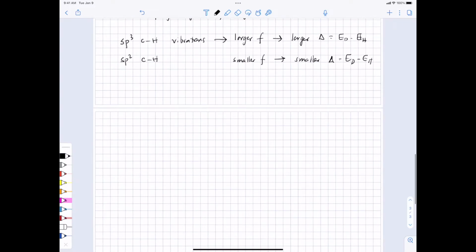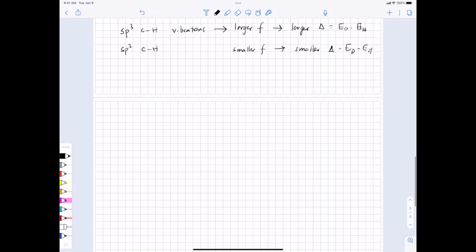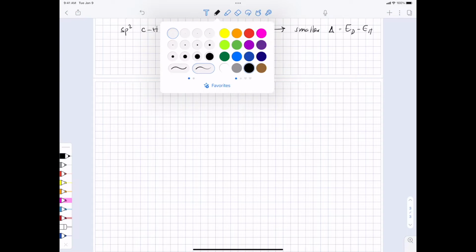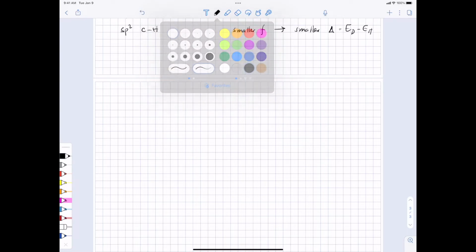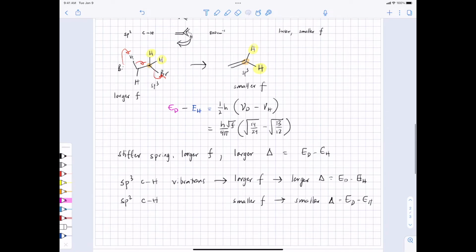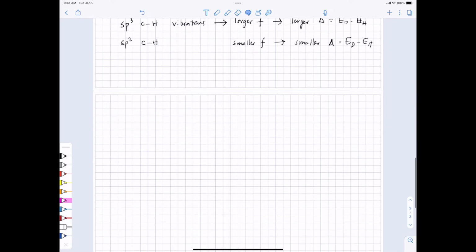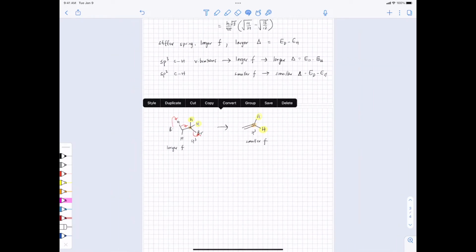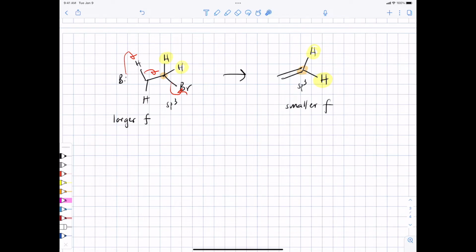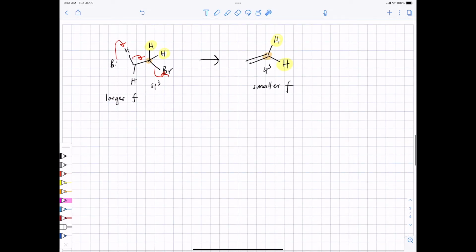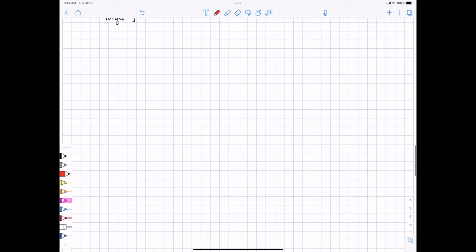Zero-point energy, okay? So let's imagine a reaction like this, where we're going from a starting material that has a carbon-hydrogen bond that's sp3 hybridized, then we go to a product that doesn't. And let's just hypothesize some things, and we're not going to worry about relative energies of starting materials versus products.